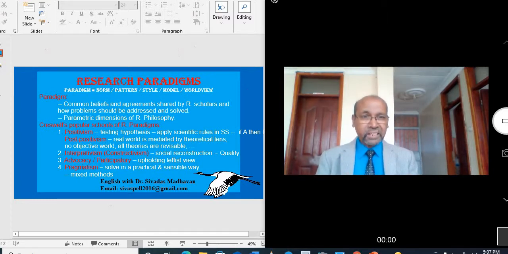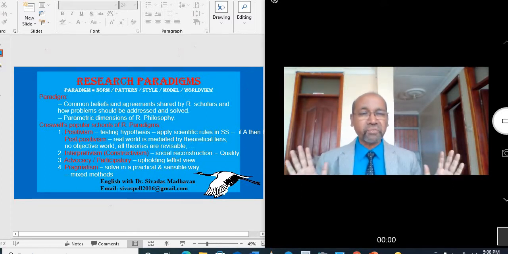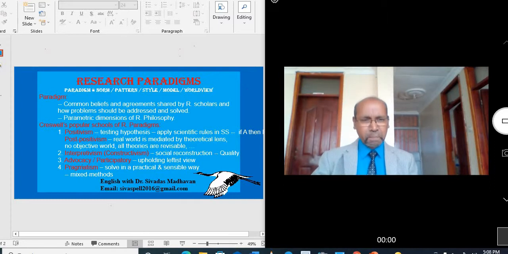So the agreement and the sharing of ideas among the research scholars, that is paradigm. Or you can say paradigm is the parametric dimensions of research philosophy. So using the parameters set by the scholars, you can decide the dimensions of research. When we come to know the different types of paradigms, it will be clear to you.